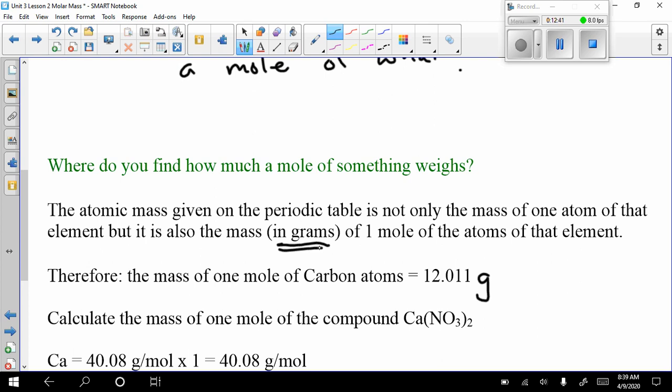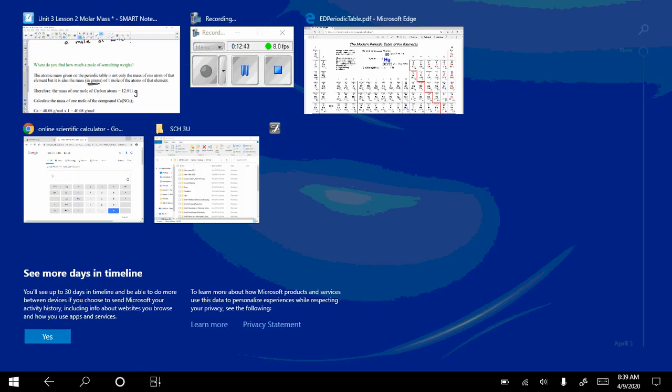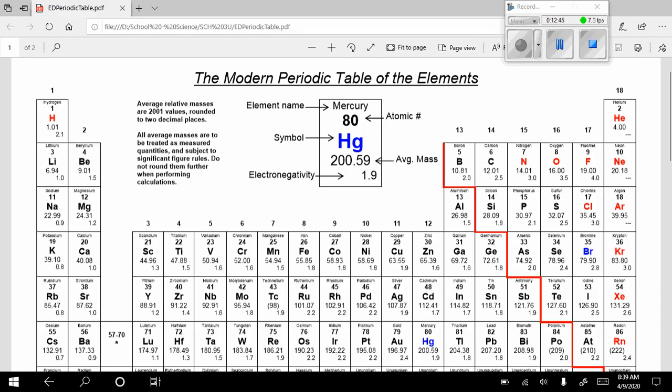When you look at the periodic table, and I'm just going to jump to my periodic table right now, and I look at carbon, and carbon shows me that it's 12.01. Well, 1 atom of carbon weighs 12.01, what we call atomic mass units, but also 1 mole of carbon weighs 12.01 grams.